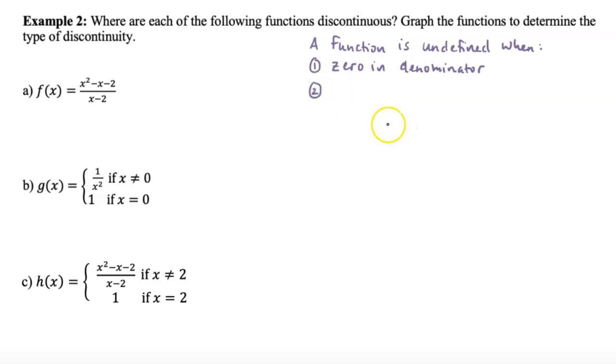Number two, a function is undefined if we have a negative inside of a square root, or really any even root, so a fourth root, a sixth root, an eighth root, etc. So a negative inside of an even root. And finally, when we're dealing with logarithms or natural logarithms, when we have 0 or a negative inside of a logarithm.